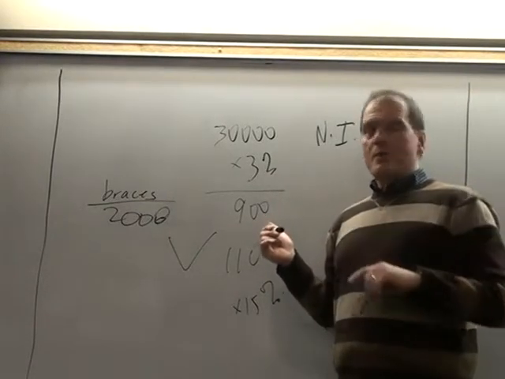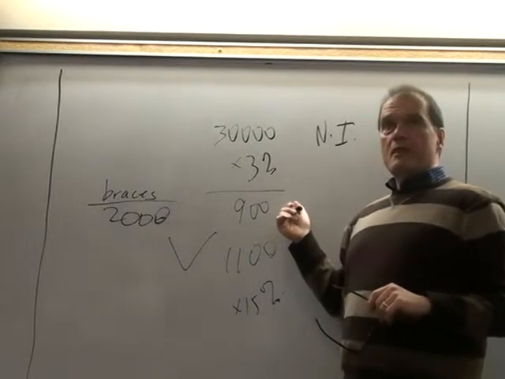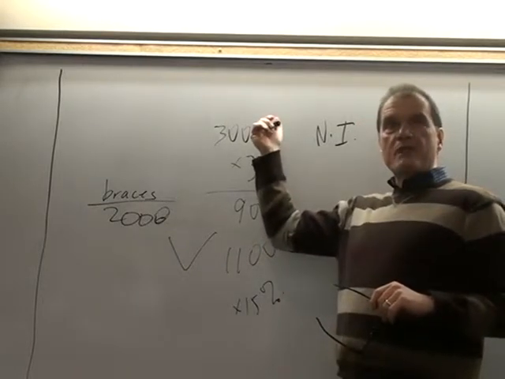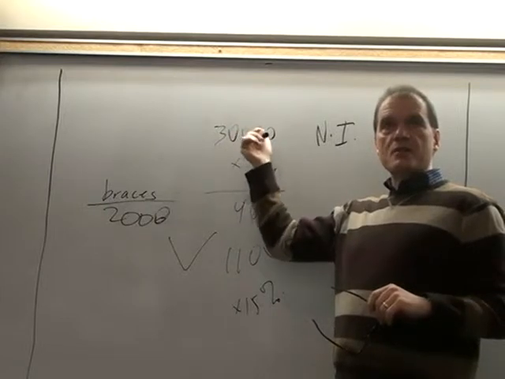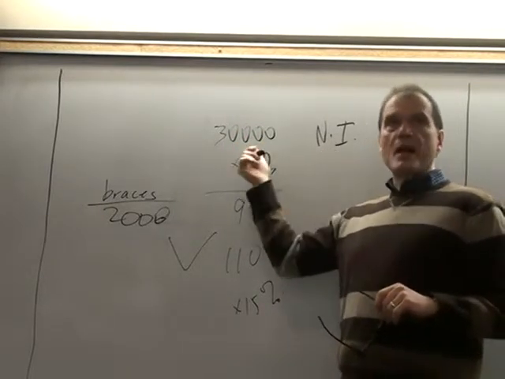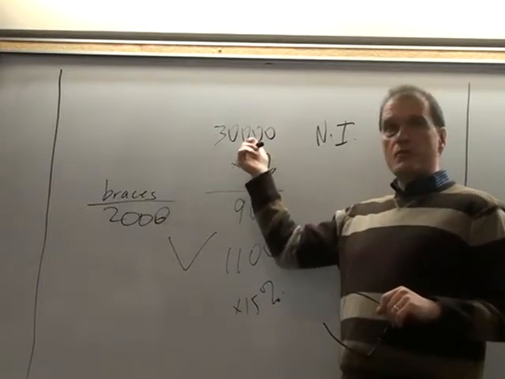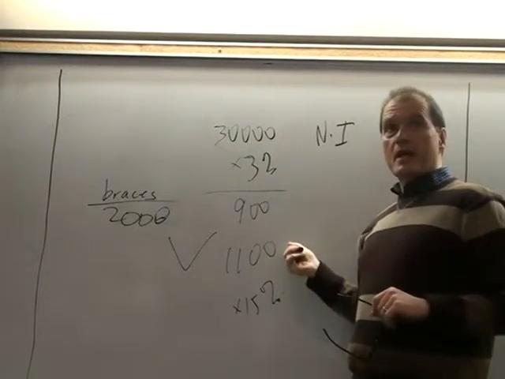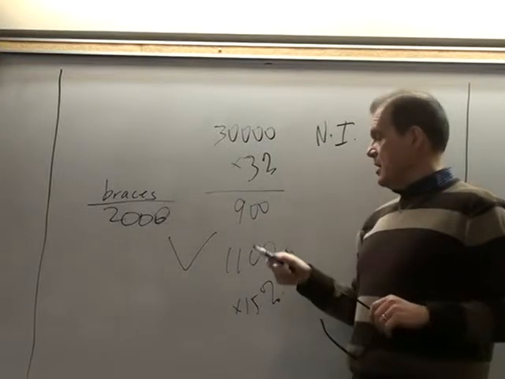Let me just finish this one point. So we did the math at a $40,000 calculation and a $30,000 calculation. We're going to put them on my wife's tax return because her income is $30,000. Therefore, we will get a higher credit.